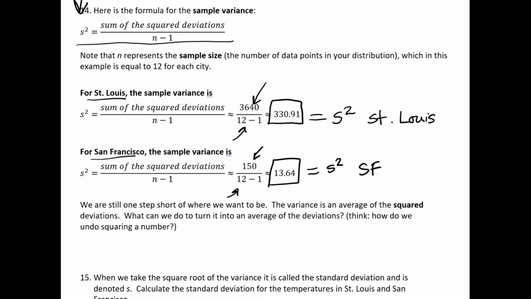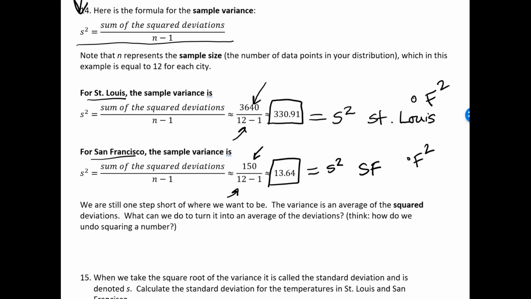Now, we're still one step short of where we want to be. So keep in mind, here, these are all squared deviations, right? So we've taken those temperatures, those deviation temperatures, and we've squared them. So really we're talking about degrees in Fahrenheit squared in this step, right? Degrees squared.